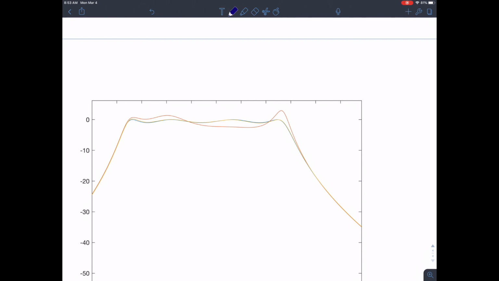And so what you see here is there's very little difference between the original and the cascade coefficients. Those give you essentially the same frequency response. But when you only use 10 bits with direct form 2, you see some significant distortion with this red line. So it has too much ripple in the passband of that particular frequency response.